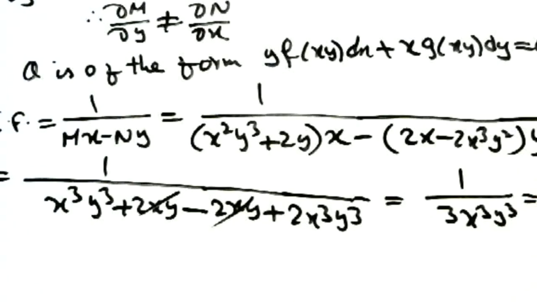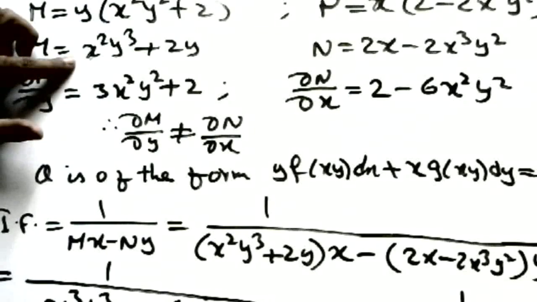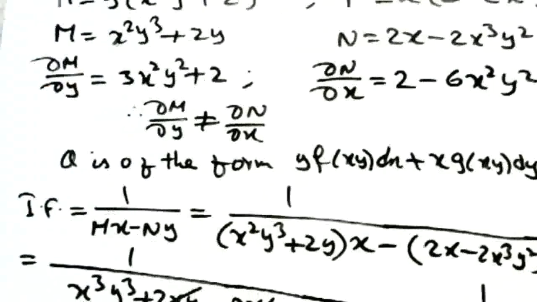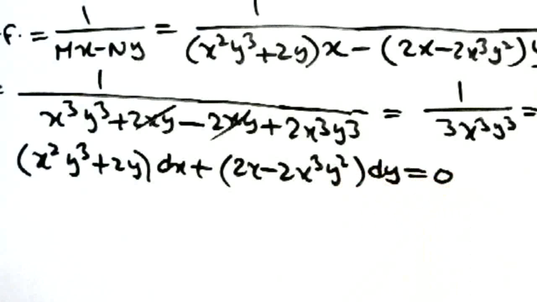Now if we multiply the question with the integrating factor, we will get the exact form. So take this after multiplying. The question is: M is x square y cube plus 2y, dx, plus N is 2x minus 2x cube y square, dy equals 0.